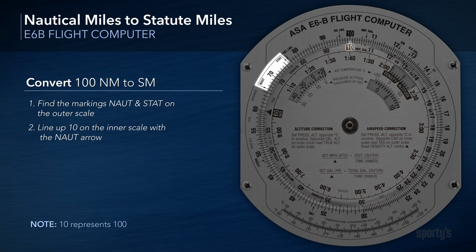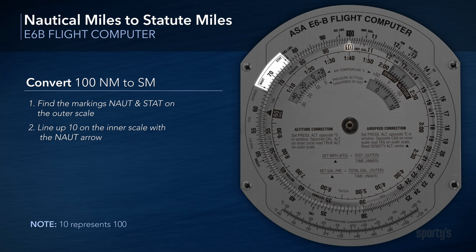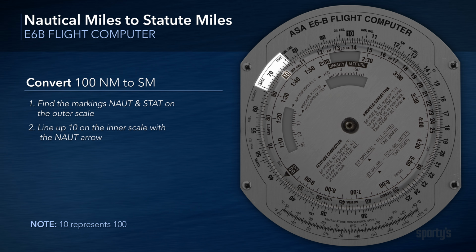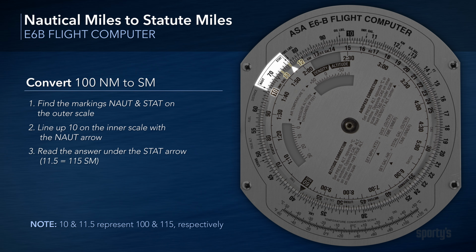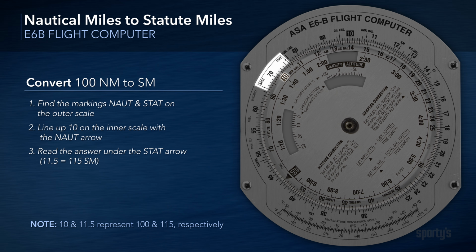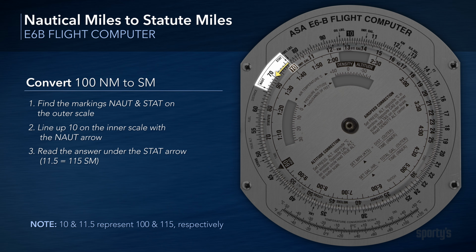Find the number 10 on the inner scale, which represents 100, and align it with the naut arrow. Then follow the line over to the right and read the answer under the stat arrow. The number shown is 11.5, which should be interpreted as 115 statute miles. This also works in reverse, allowing you to position a known statute mile distance under the stat arrow and read the nautical mile equivalent under its arrow.